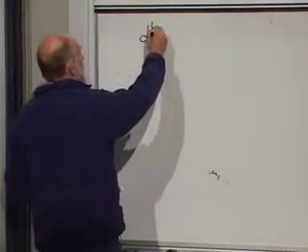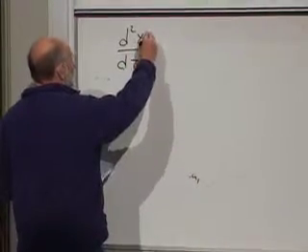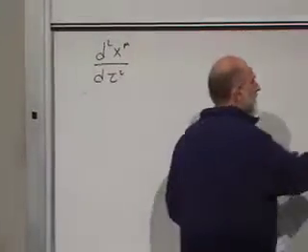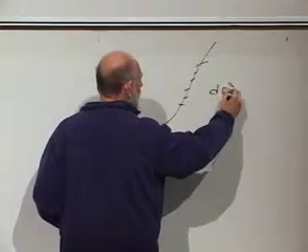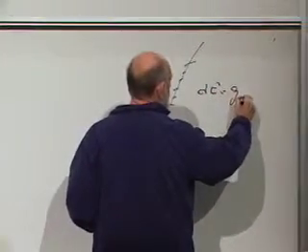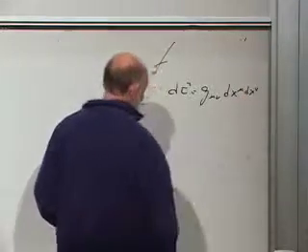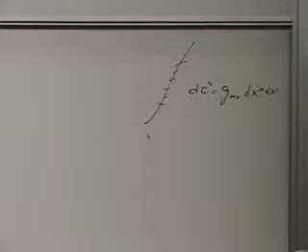It's just d squared x^μ by dτ squared, where τ is proper time along the trajectory. dτ squared is equal to g_μν dx^μ dx^ν. That's dτ squared. Take its square root, and it becomes dτ.